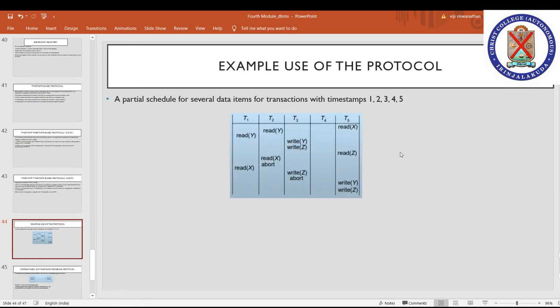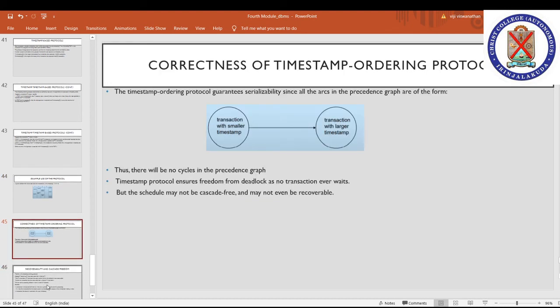Consider this schedule with timestamps 1, 2, 3, 4, 5. The timestamp protocol guarantees serializability since all arcs in the precedence graph are of the form: a transaction with a smaller timestamp points to a transaction with a larger timestamp, and there will be no cycles in the precedence graph.